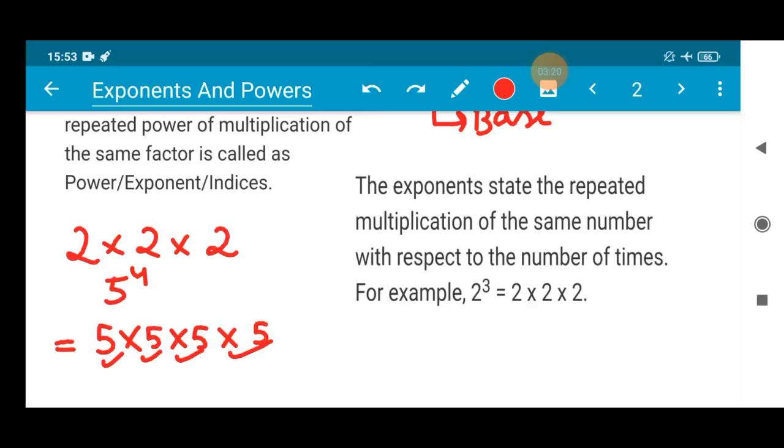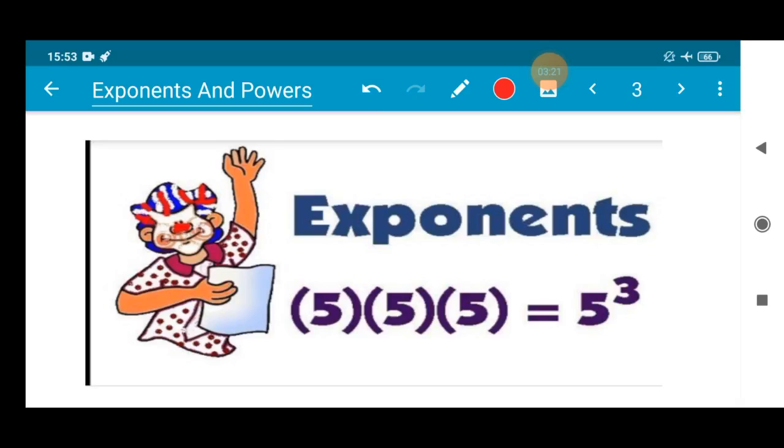Okay, so this is the basic idea. Here is another example: 5 cube, 5 to the power 3, is 5 multiplied 3 times with itself, which is representing an exponent. And here this 3 is the exponent.